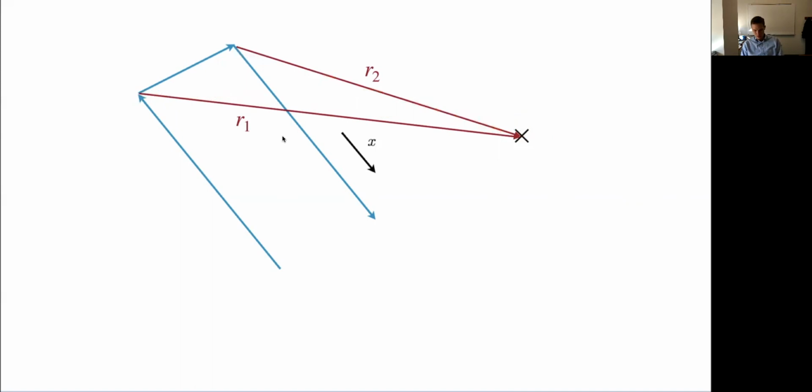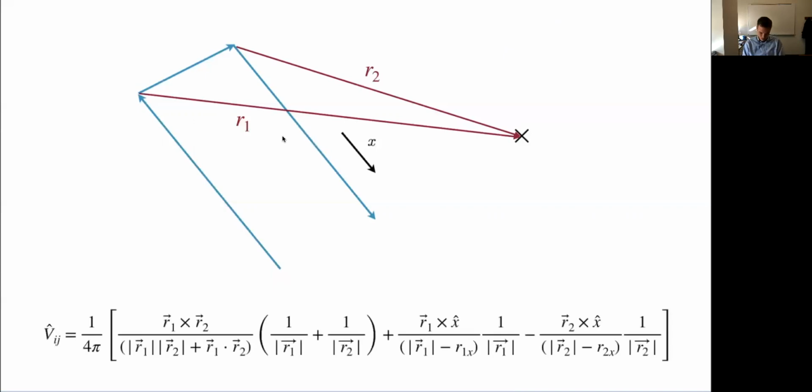I derive this in the book. It's a little bit lengthy to derive, but works out fairly nicely. That this is the velocity induced at any arbitrary location. And you can see it's only a function of these two vectors, R1 and R2. That's all I need to know. Once I can define these, I can figure out what that velocity is. And this horseshoe vortex can be anywhere.